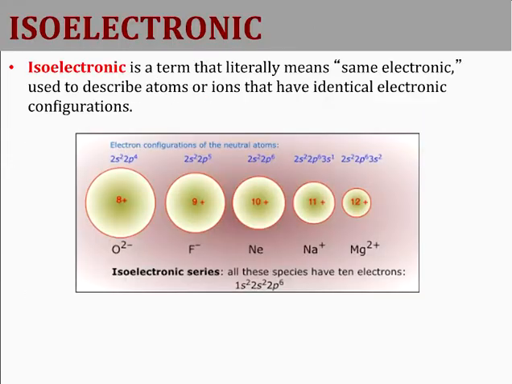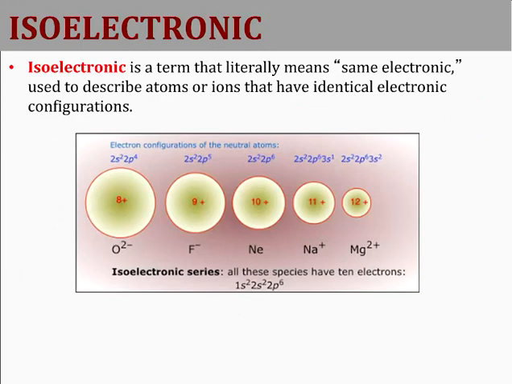All right, so there is a term for the ions and atoms that have the same number of electrons, and that term is isoelectronic. So isoelectronic literally means same electronic, and this is used to describe atoms or ions that have identical electronic configurations.